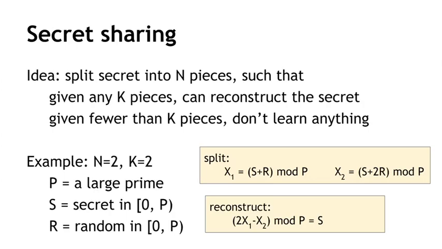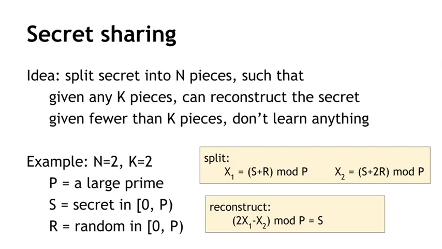So given two shares, we can reconstruct. But given only one of the shares, it turns out we don't learn anything. And to see why that is, consider x1. We took s, which is the secret, but we added to it a random number, which could take on any value between 0 and p minus 1 with equal likelihood.